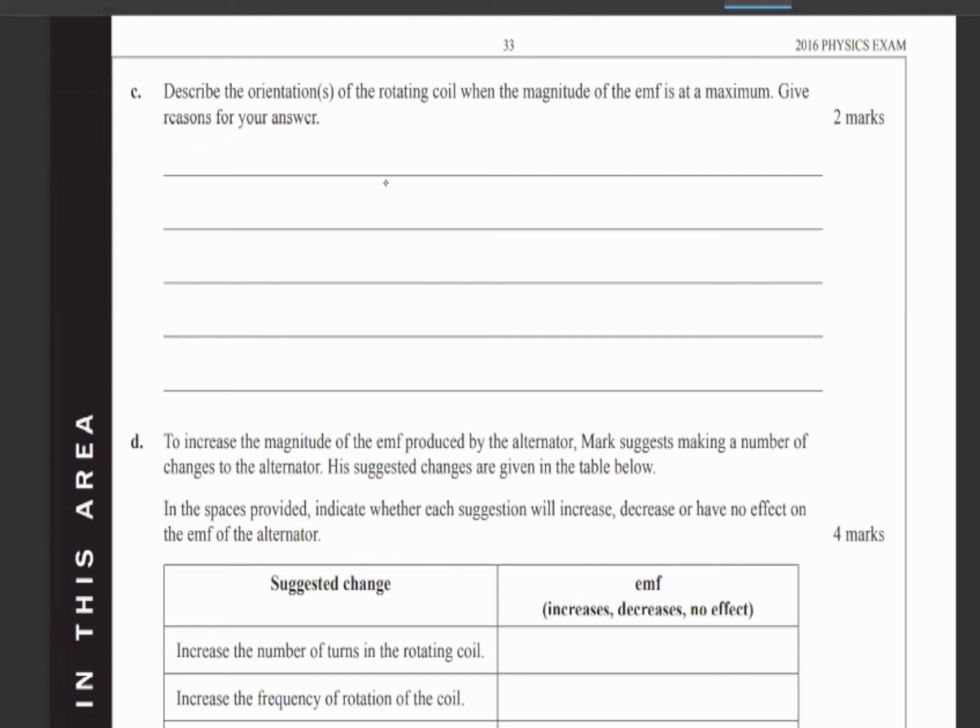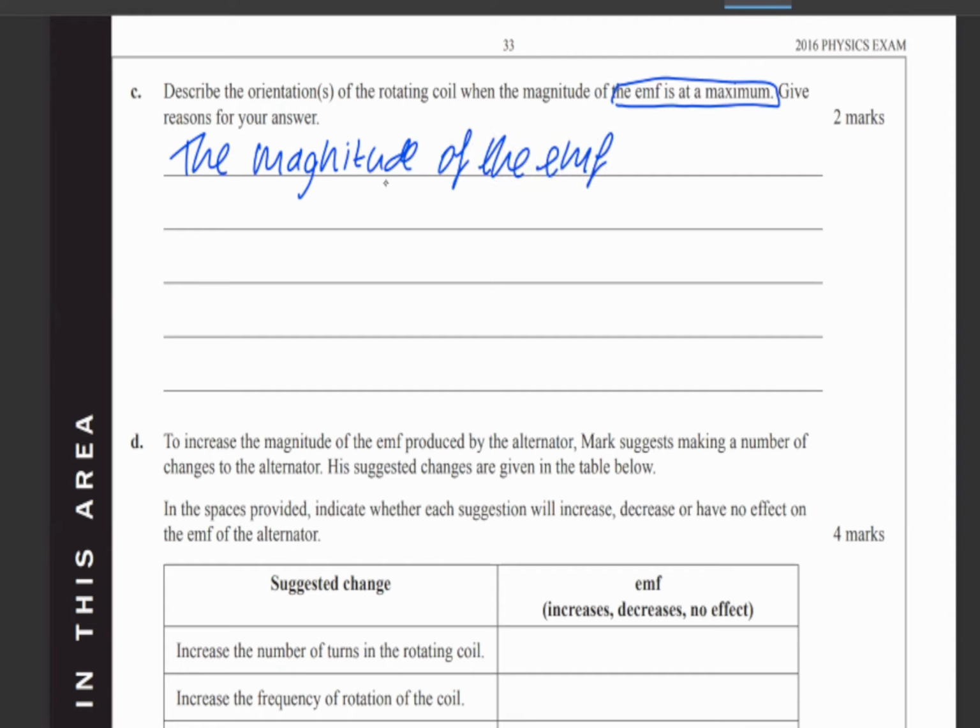Describe the orientations when the magnitude of EMF is maximum. So EMF is maximum when magnetic flux is minimum. So when it's minimum, it's just horizontal.